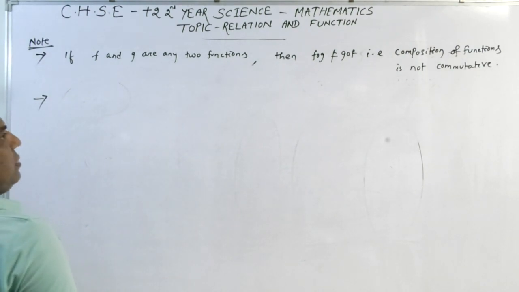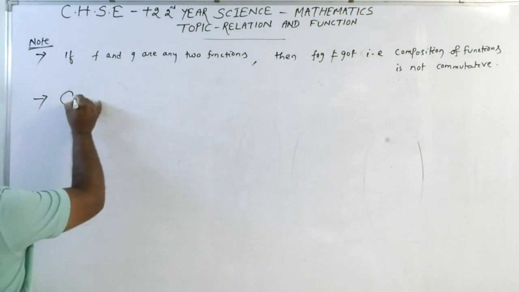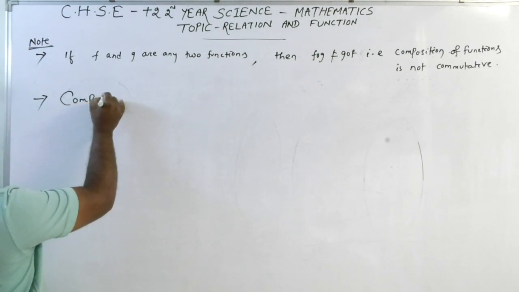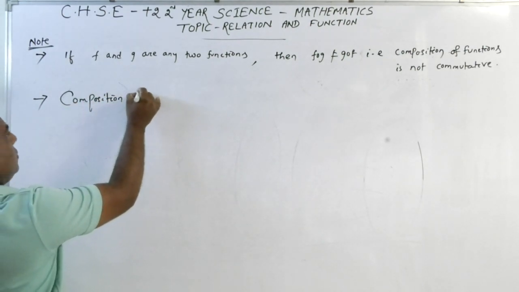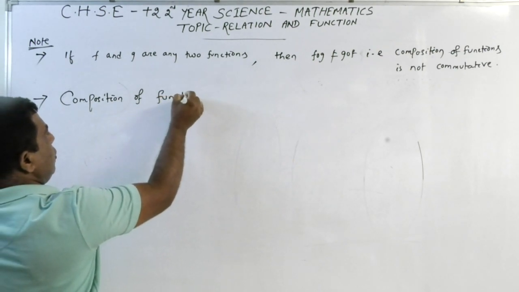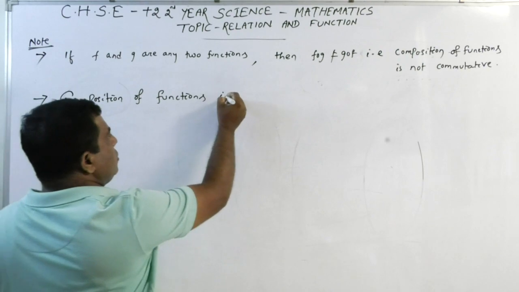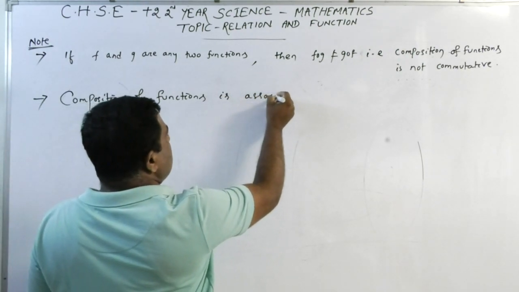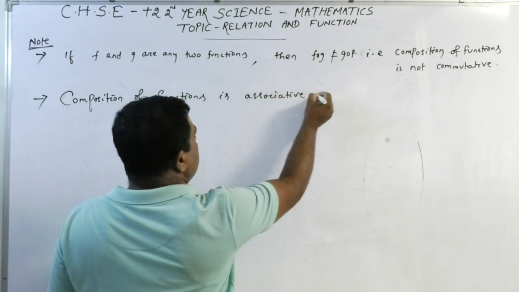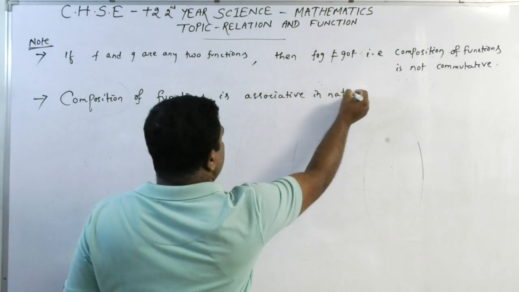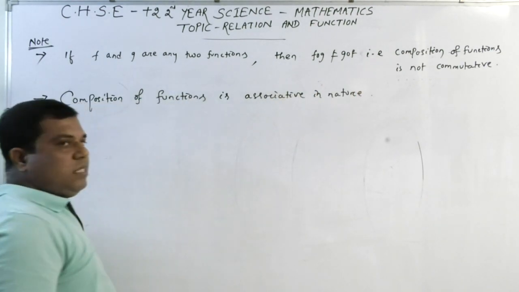The next one is, composition of functions is associative in nature. It is very important. Though it is not commutative, it is associative.